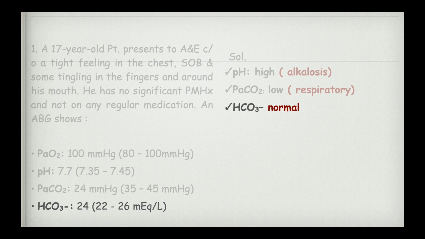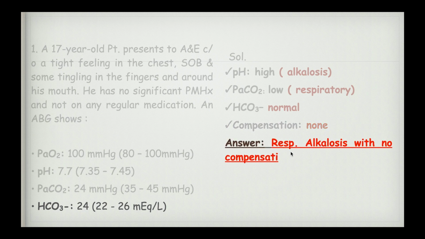Then we determine if there is any compensation, but there is no compensation because the bicarbonate is normal. So what we end up with is respiratory alkalosis with no compensation. The underlying cause of this respiratory alkalosis is a panic attack, with hyperventilation, and peripheral and oral tingling being classical presenting features.